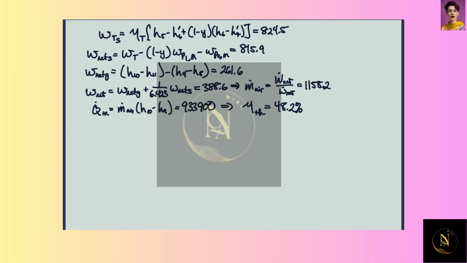Yeah, that's what I did in my notes. I'm just trying to check what numbers I used in here. So these should be either isentropic values or the non-isentropic values, and then without this here.